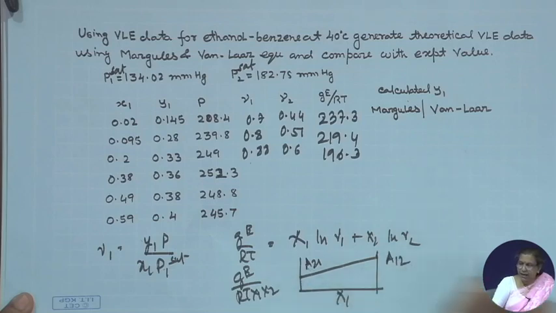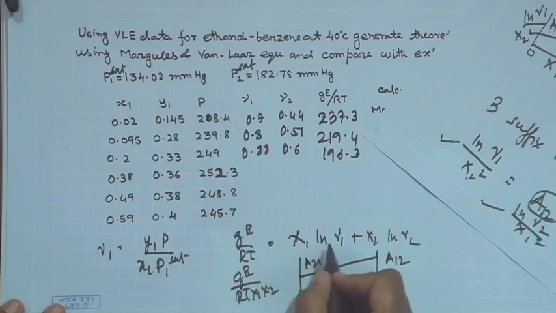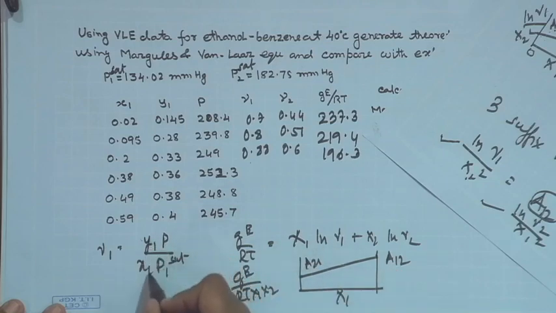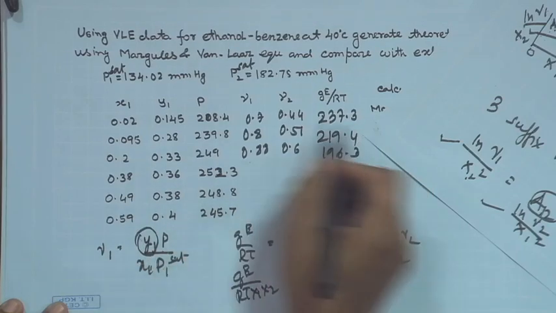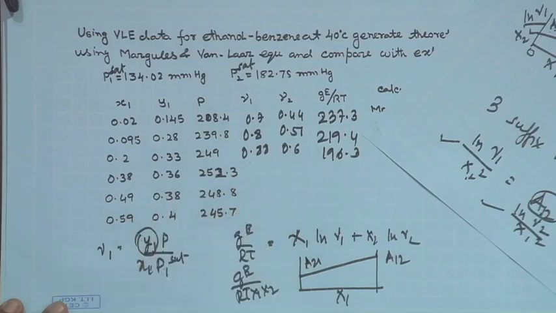Once A21 and A12 have been found, from there you can generate the gamma values for the different compositions, and then you can find out y1 for each case and compare with the experimental y1 values.